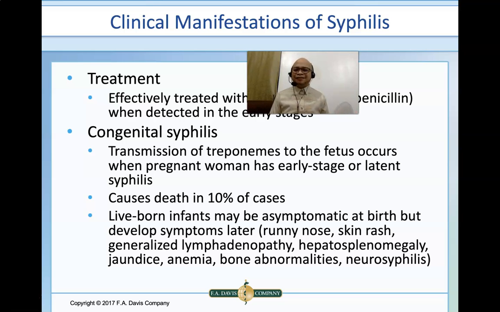At first they have a runny nose, and then eventually skin rash, generalized lymphadenopathy, hepatosplenomegaly, jaundice, anemia, bone abnormalities, and of course neurosyphilis. Some have been reported with interstitial keratitis, wherein they become blind. Any deformity resulting from congenital syphilis is termed stigmata.